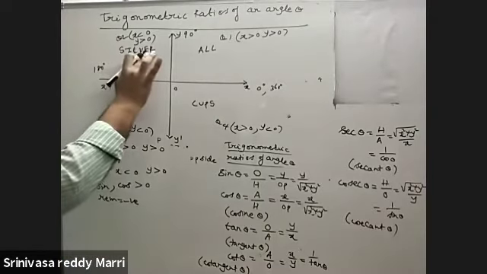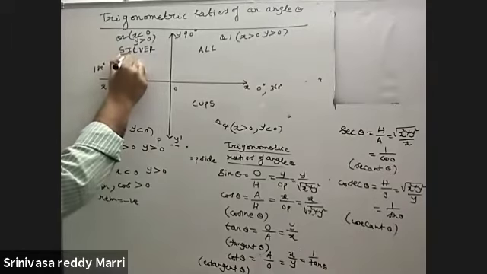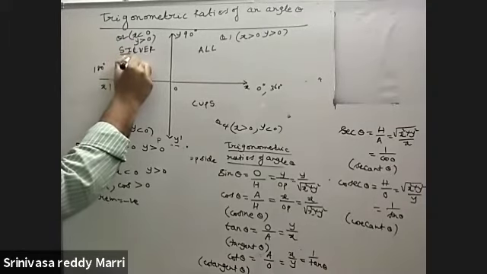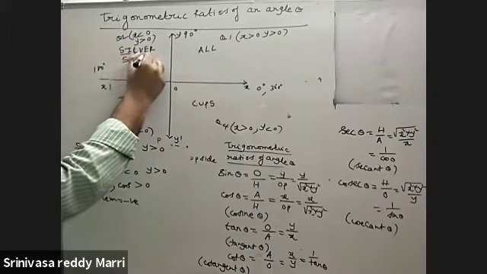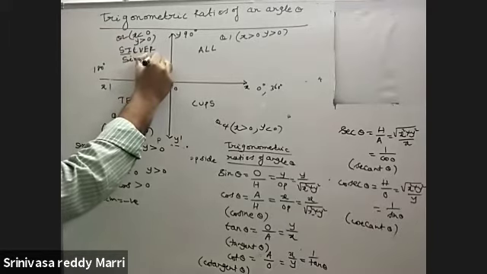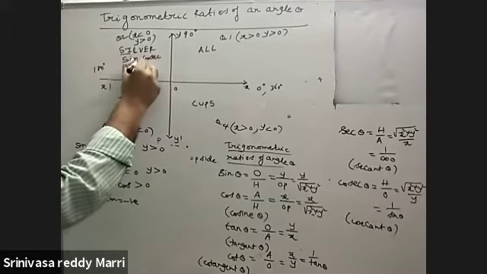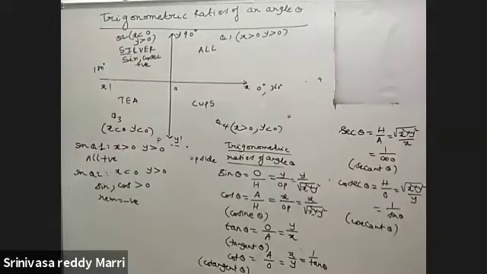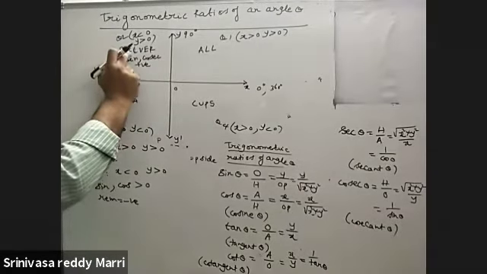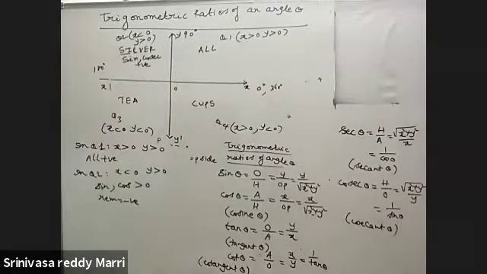Look at here, silver indicates that first 2 letters are there. Sin, and its reciprocal cosecant positive. Remaining negative.